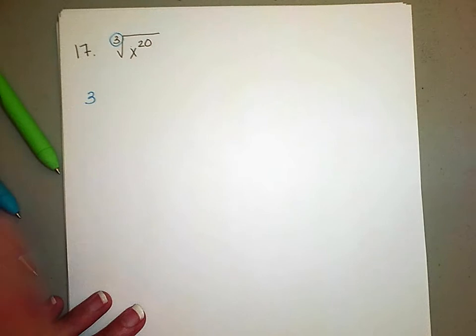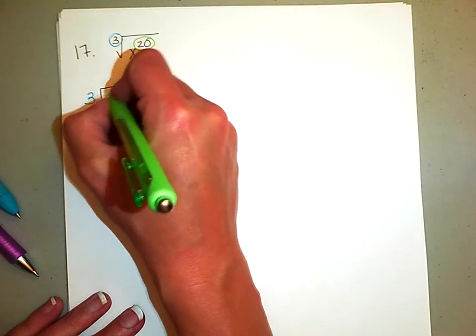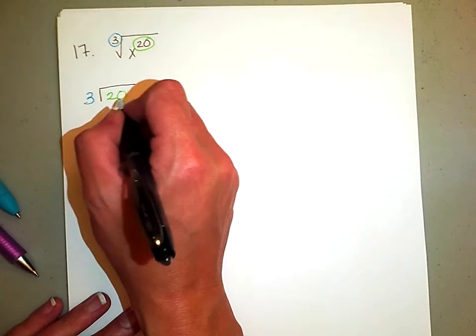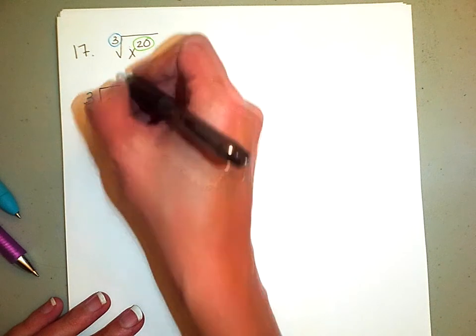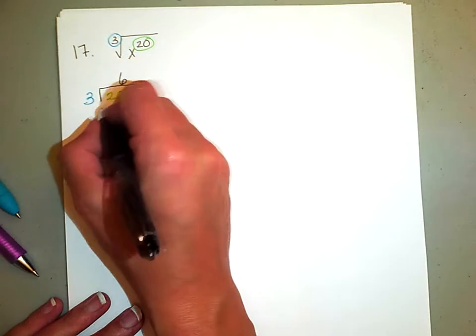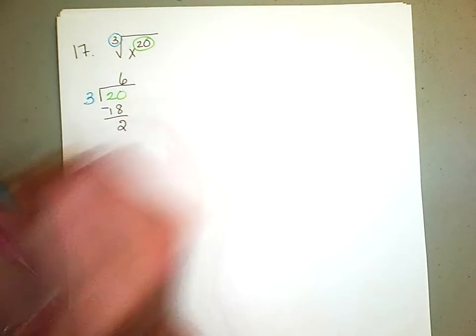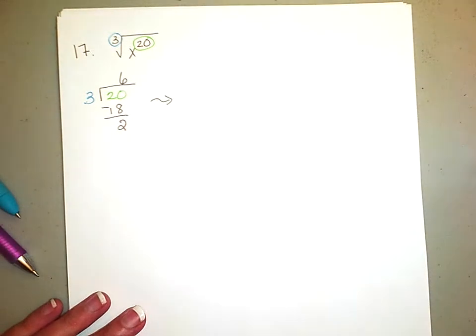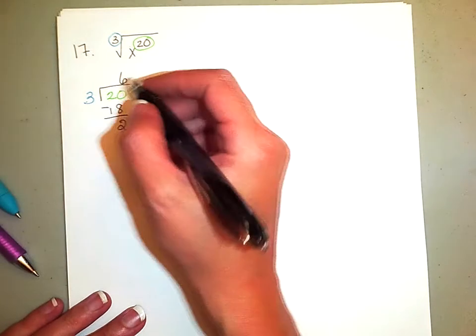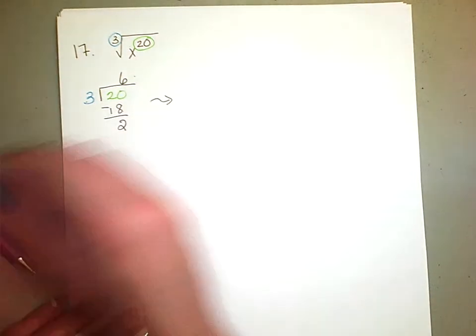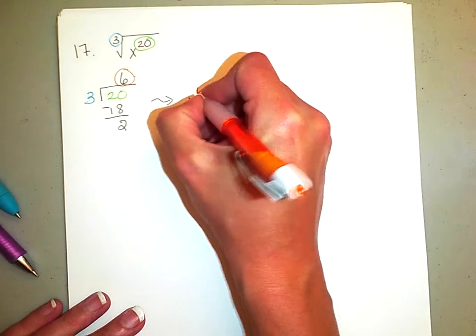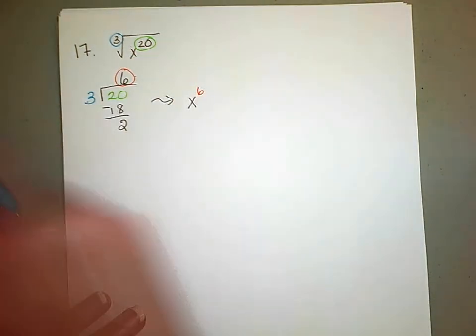So we're asking ourselves, how many groups of 3 are there in 20? So 3 goes into 20, well, 6 times 3 is 18, and we have a remainder of 2. So from here, we could just write this as, well, how many groups of 3 did I have come out? I had 6 groups. And how many do I have left over?